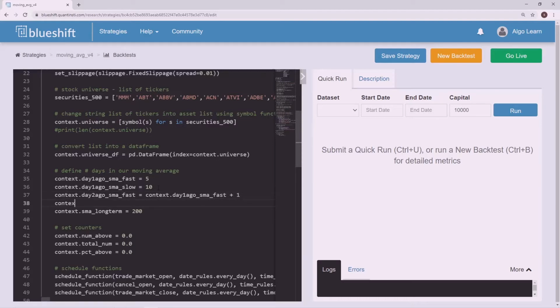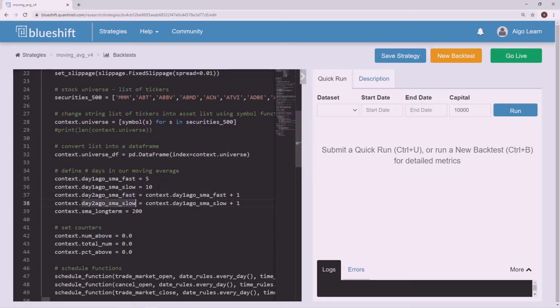And we're going to do context.day_2_ago_SMA_slow equals context.day_1_ago_SMA_slow plus 1. I meant to go slow here.